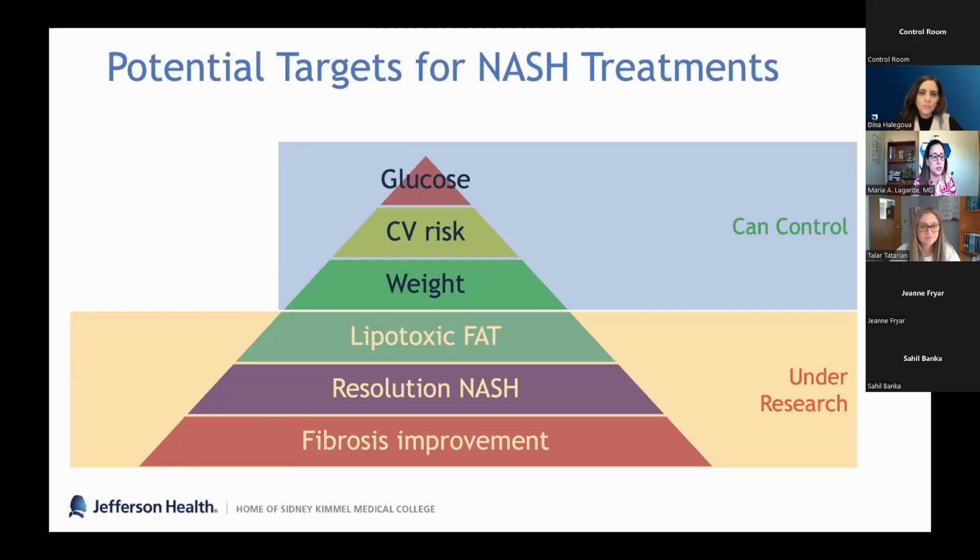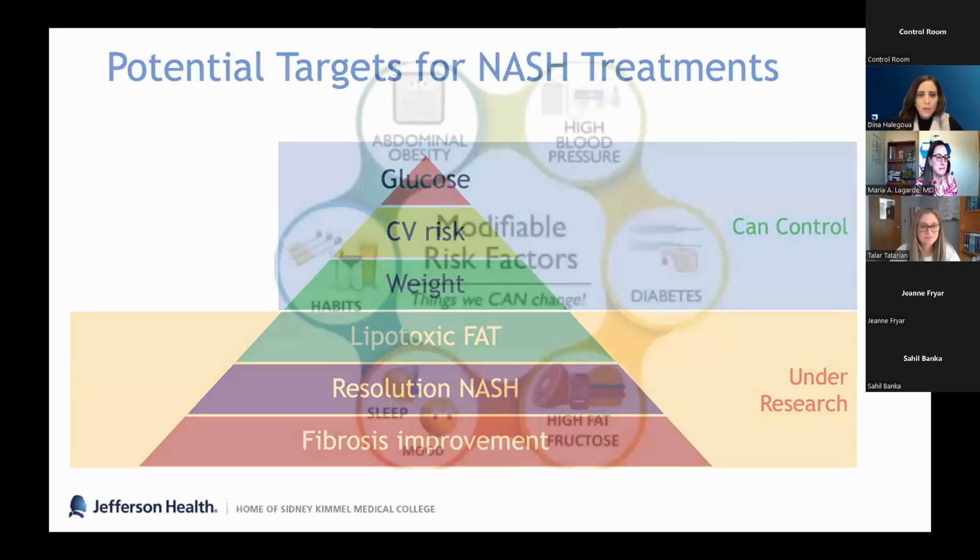But then there are other treatment strategies that hopefully in the next few years, with all the research that is on its way, we are going to be able to identify specific areas directly related to the liver, where we can target both the amount of fat in the liver, the amount of inflammation, and hopefully break down some of that fibrosis or scar tissue in the liver. And that really is the goal that we're looking for in all these research strategies.